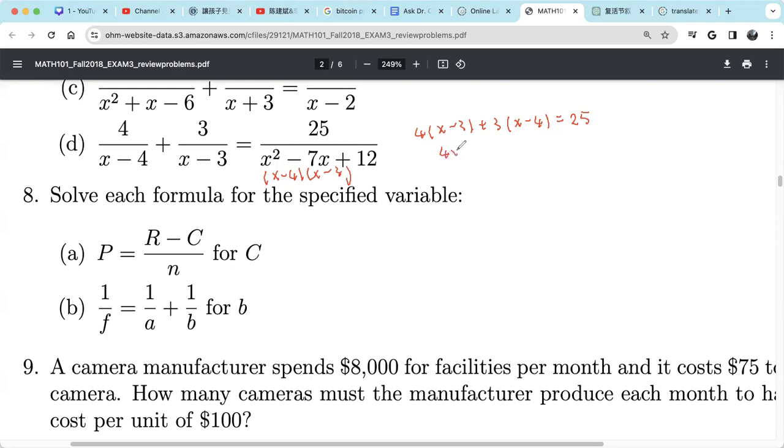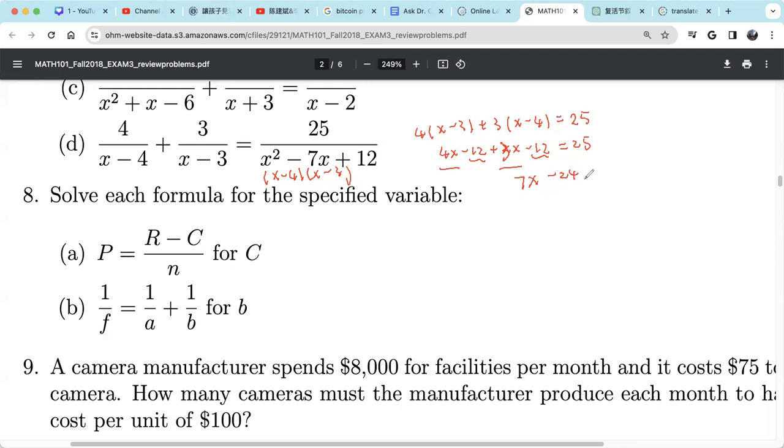Then distribute. So I have 4x plus 3x, that's 7x. I have negative 12, that's negative 24.